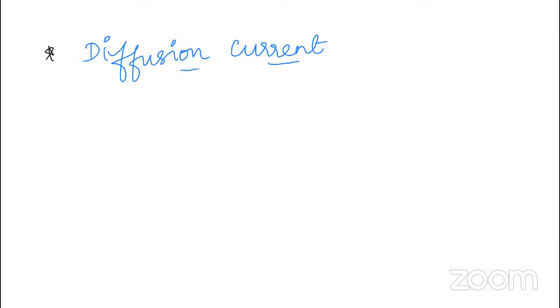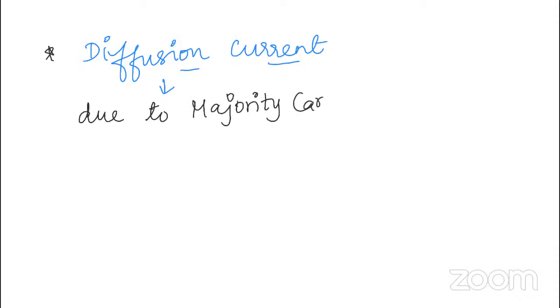So here we keep in mind two important things. One is diffusion current. In the P and N junction, the diffusion current is due to the majority carriers moving from N to P. The majority carriers in N are electrons, right?